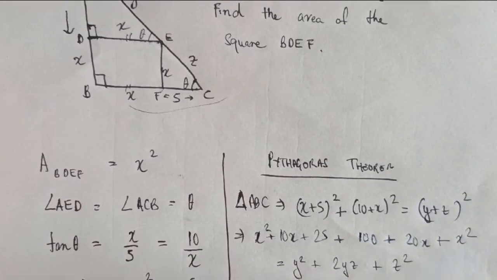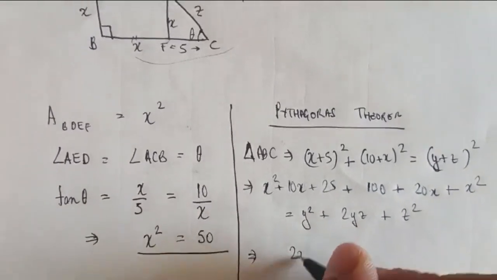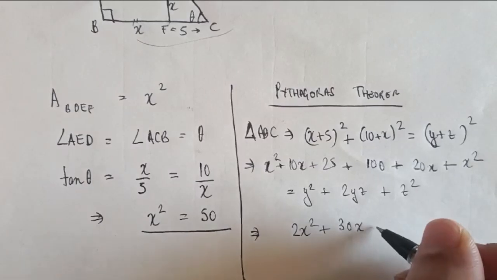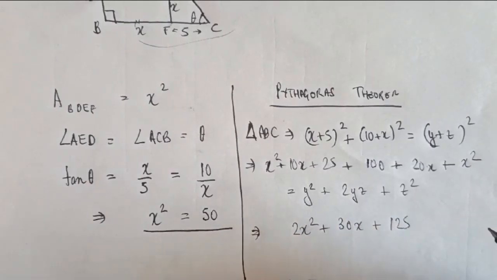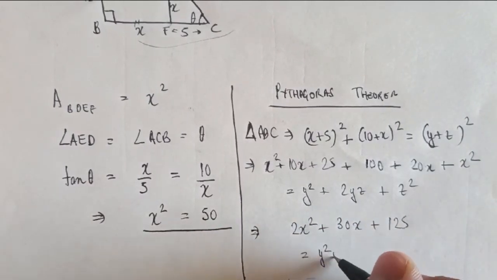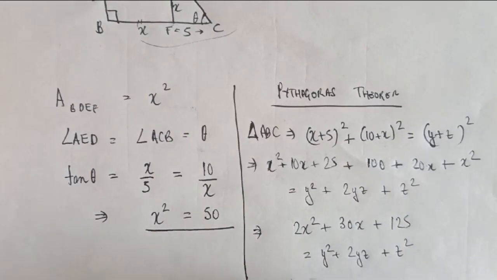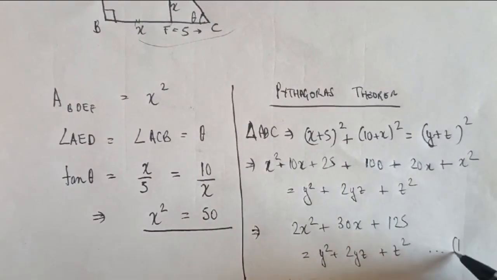So simplifying this further, this becomes 2x squared plus 30x plus 125 is equal to y squared plus 2yz plus z squared, right? So we will just call this equation 1.